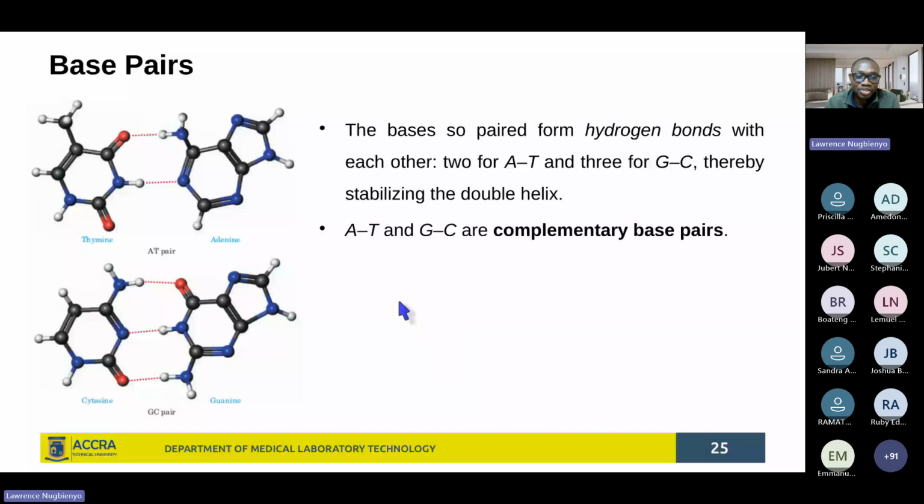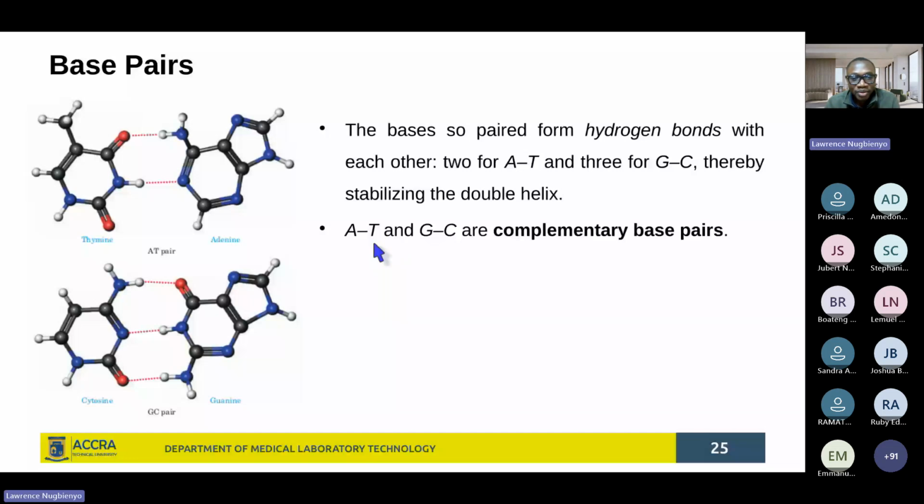It only refers to the fact that adenine pairs with thymine and guanine pairs with cytosine. So adenine is complementary to thymine, or you can say adenine and thymine are complementary base pairs.